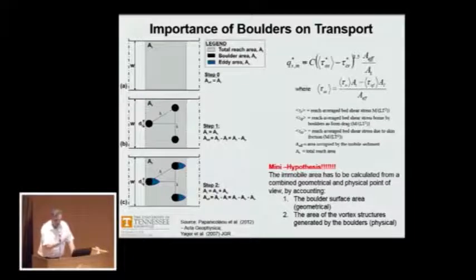What we would like to do here is essentially take those questions that I asked earlier and try to see how we can use the information over the years to be able to develop better predictive tools in gravel bed rivers where boulders are prevalent.